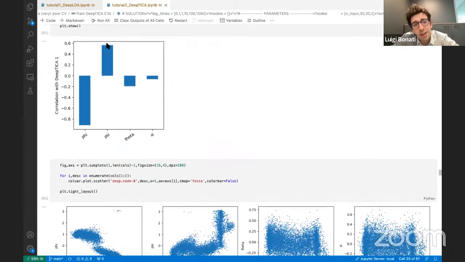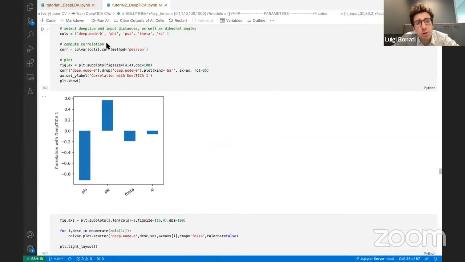Also here, what I did was to compute the correlation between the deep TK CV and a set of dihedral angles.